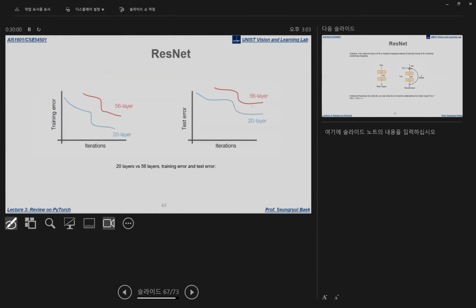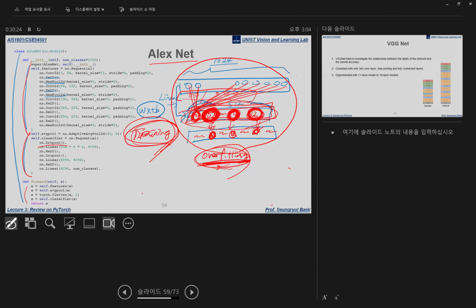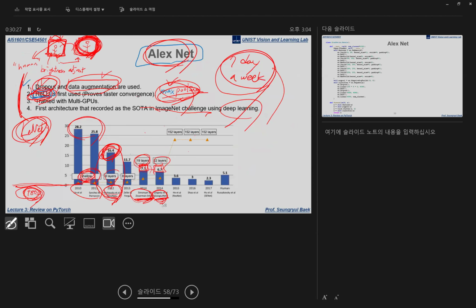Another important architecture is ResNet. This was proposed by Microsoft, and actually the first author of this paper, Kaiming He, is now becoming a professor at MIT. Maybe you have heard about that. Here you can see they are bounded to around 20 layers.